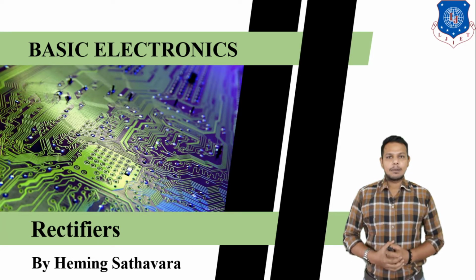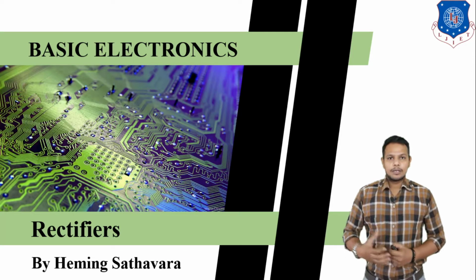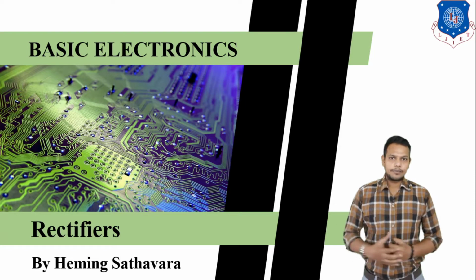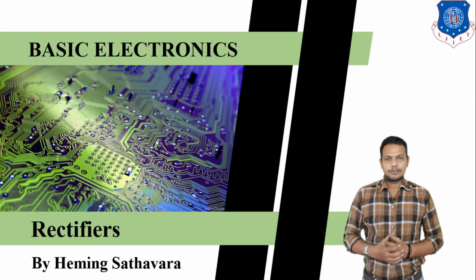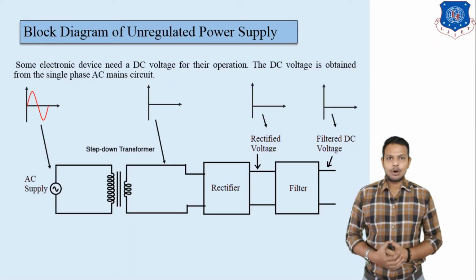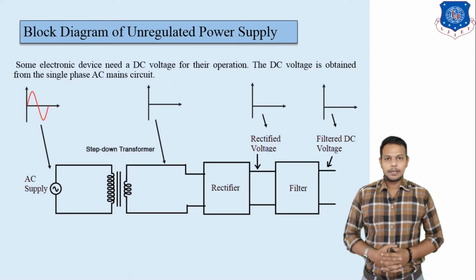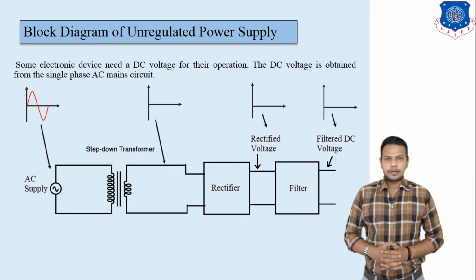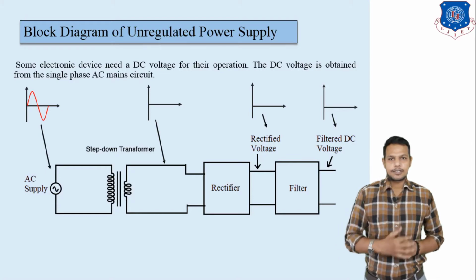Today we are discussing the application of diode, which is known as rectifiers. Let's start with the block diagram of an unregulated power supply. This is the block diagram of rectifier and filters.